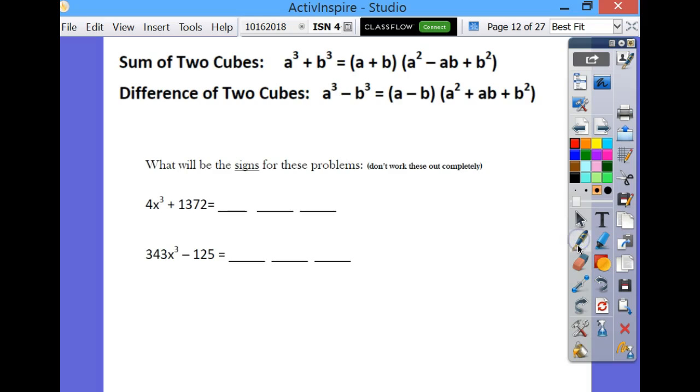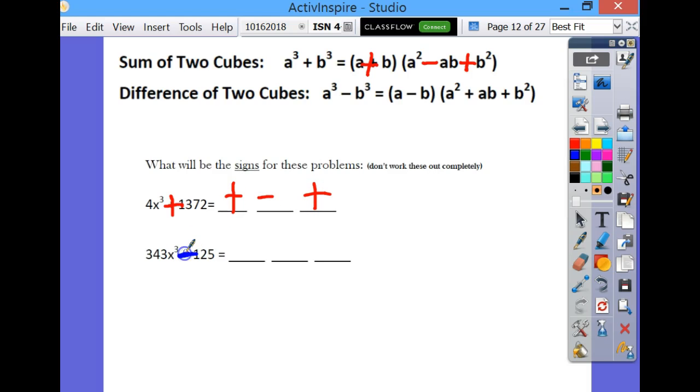Okay, I believe this problem is on the next page. I'm not going to solve out this problem. I'm just looking at the signs. If this sign right here is a plus sign, am I using the first formula or the second formula? The first formula. The signs for the first formula are plus, minus, plus.